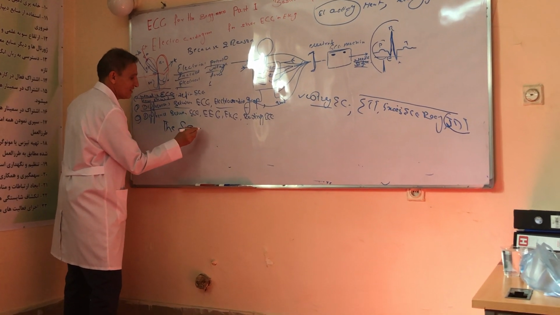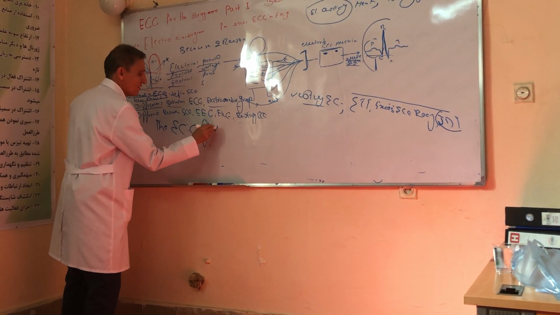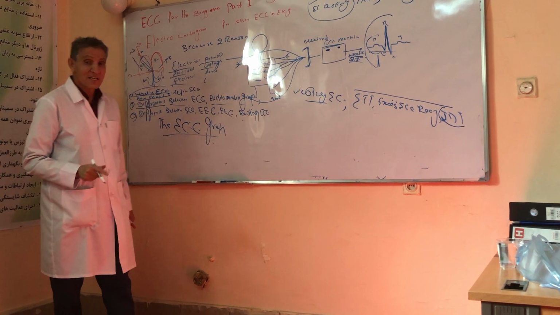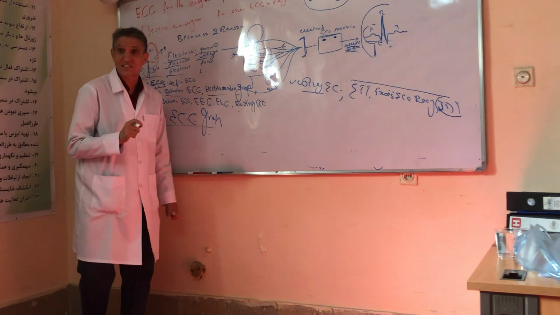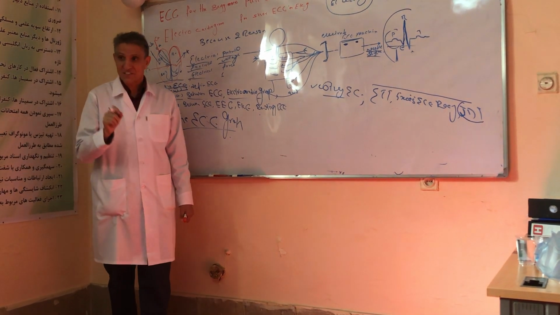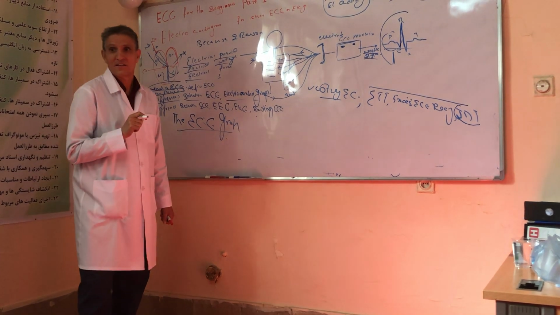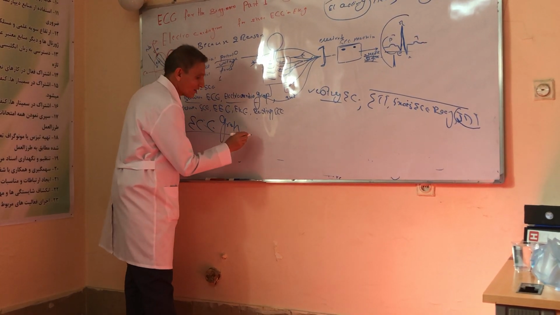The ECG graph. ECG graph is defined as a series of waves, a series of waves or deflections which are seen during one cardiac cycle.